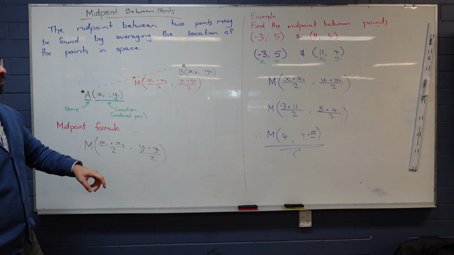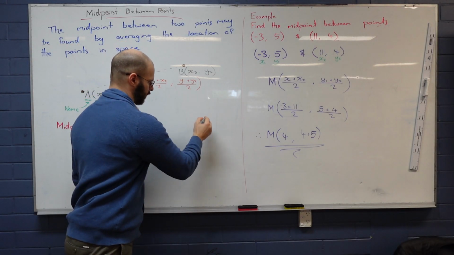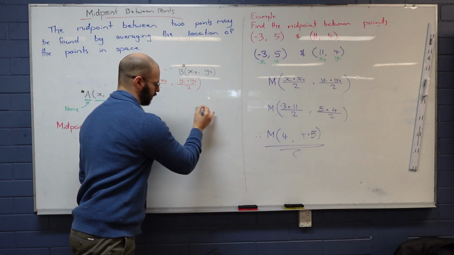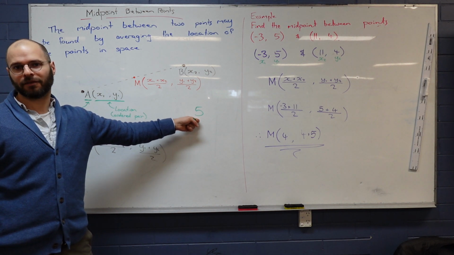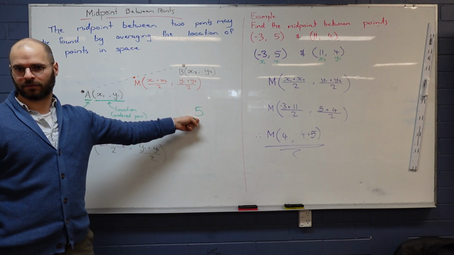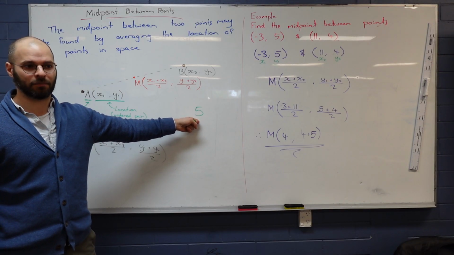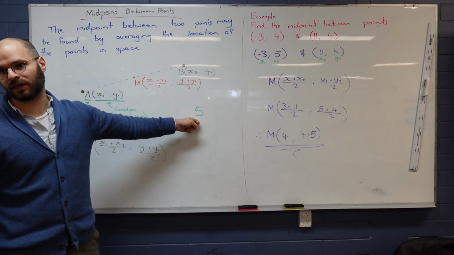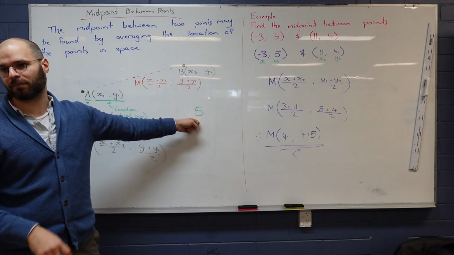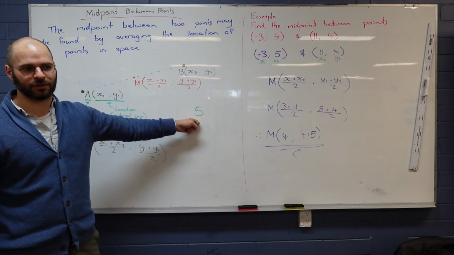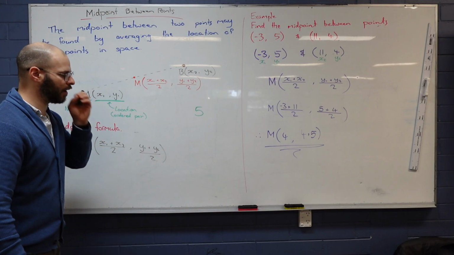So say for example, I can have the number 5. This is a number. This is an integer, it is a natural number, it is a rational number. It's all of the above.